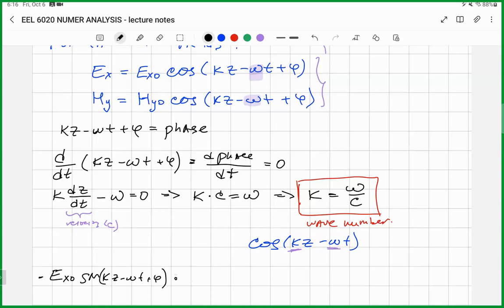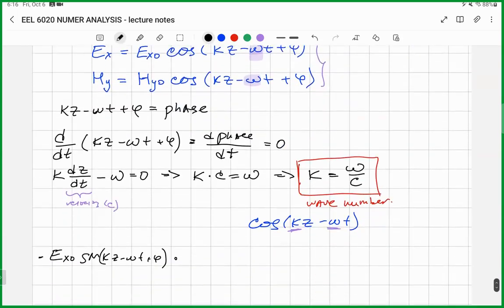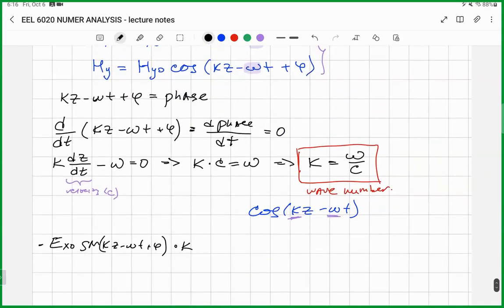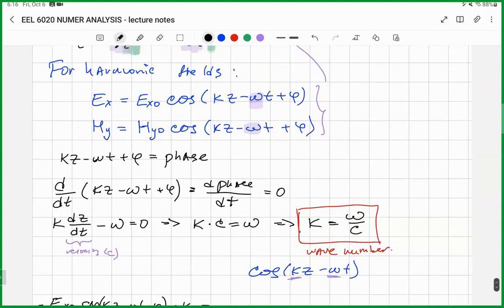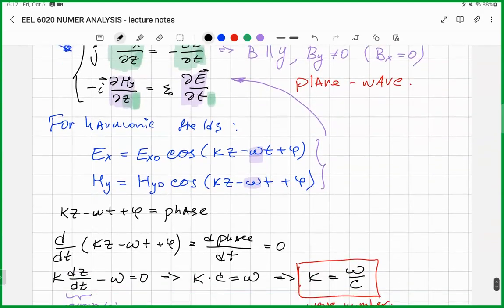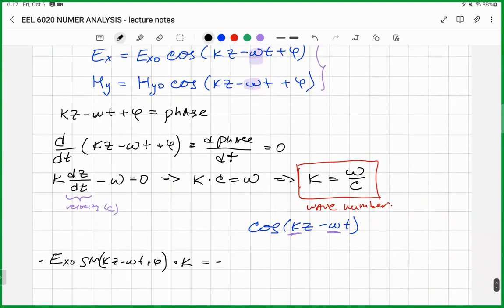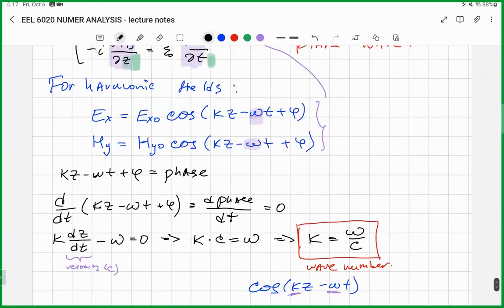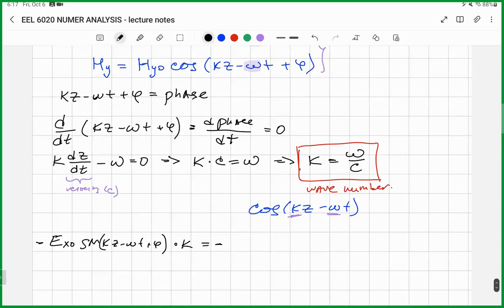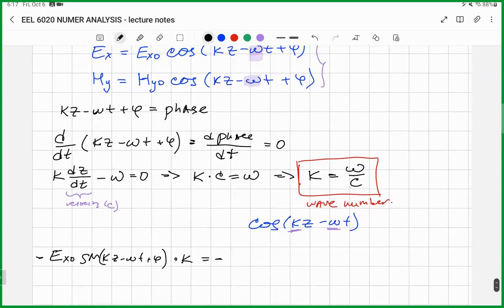Times k, is equal to minus dB over dt. B is mu 0 H, right?